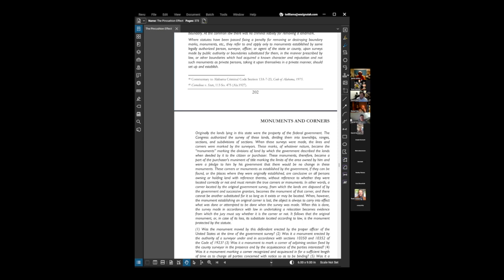Yeah, I had a situation. I found a monument with an LS tag on it, no record, unrecorded, and called the surveyor, and he told me he had no recollection of ever setting that monument, and asked me politely to remove it. And there was more than one on that lot.